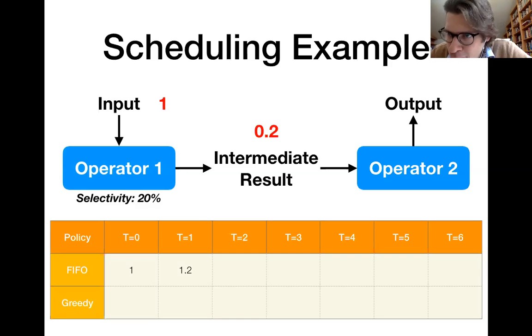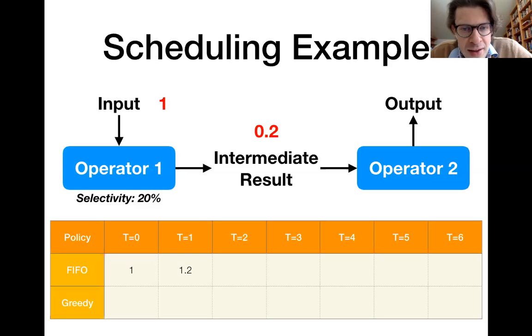So here I assume that we have one fresh input tuple batch in each time step. In the table below, you see that I'm inserting the total size of all queues combined in the system, which now is 1.2 in time step number 1.